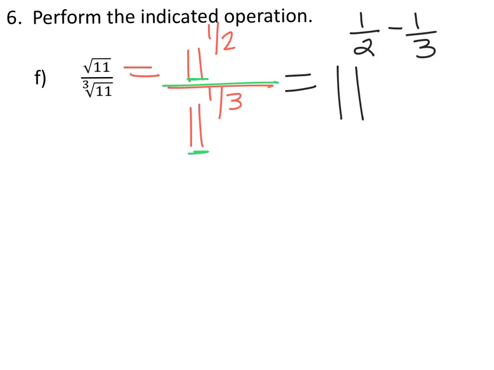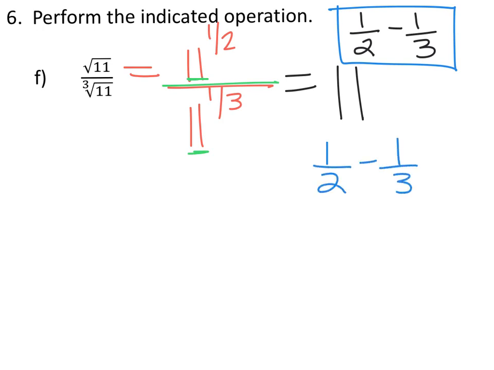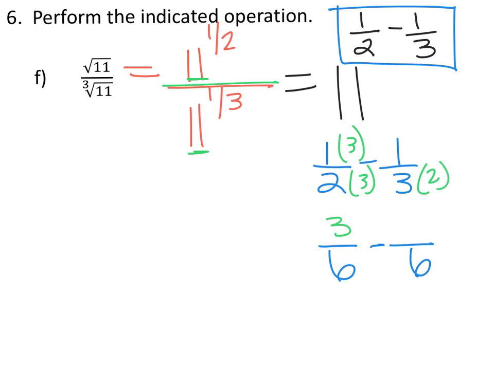Now, let's focus on those exponents. So, to subtract fractions, we need to have common denominators. So let's work with that. 1/2 minus 1/3. We want to change that to get common denominators of 6. And so we're going to multiply the first fraction by 3/3 and the second one by 2/2.